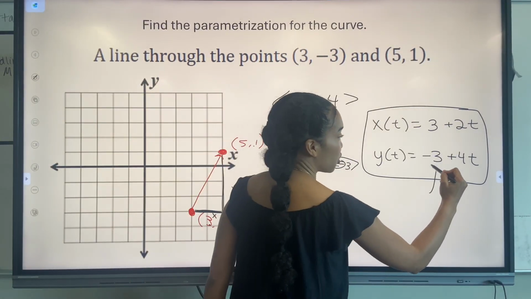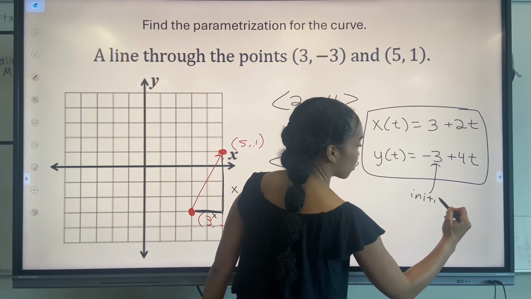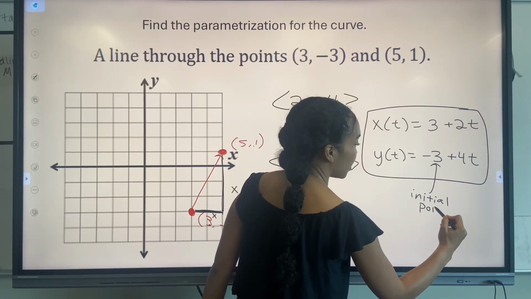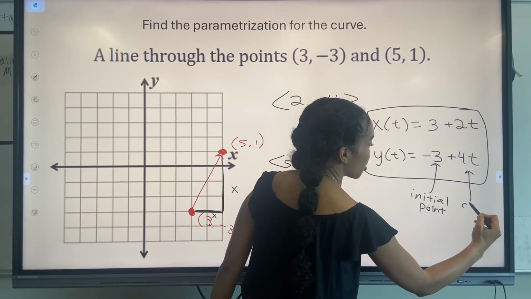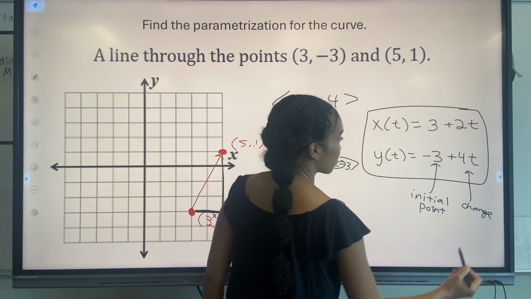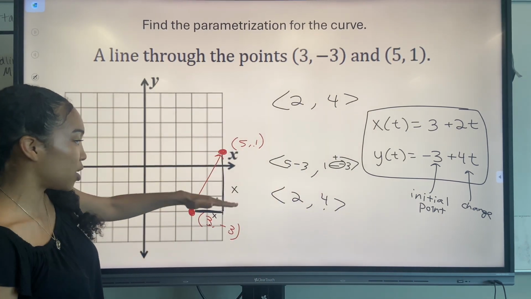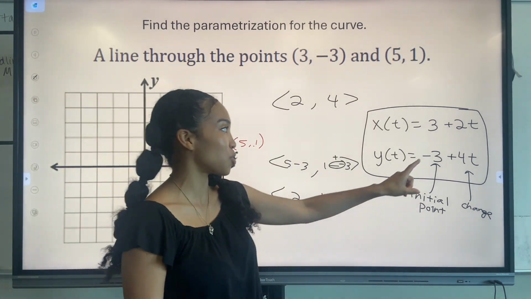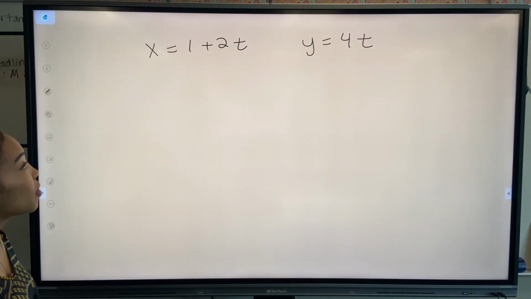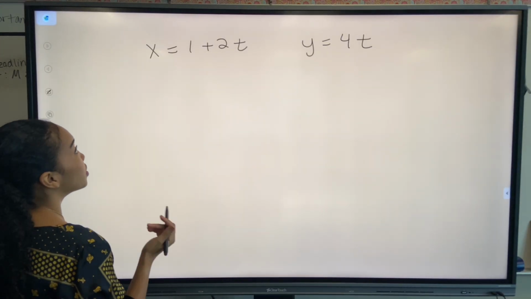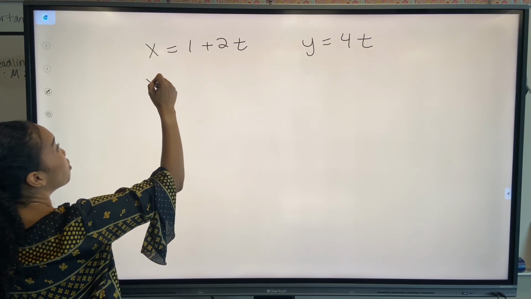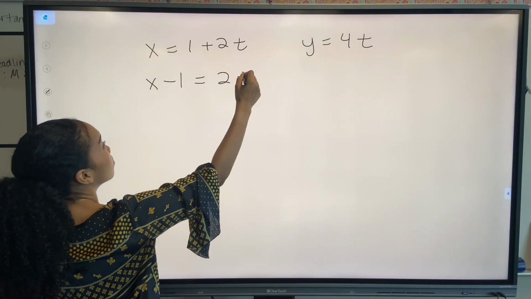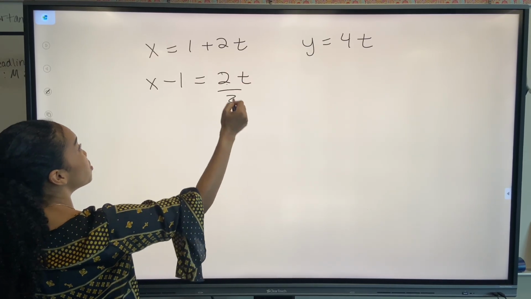You always put your initial point right here, and then you put the change. So it changed by 4 to get to the next point. Okay, either one works in my opinion. You can move the 1 over, and then you can divide by 2.